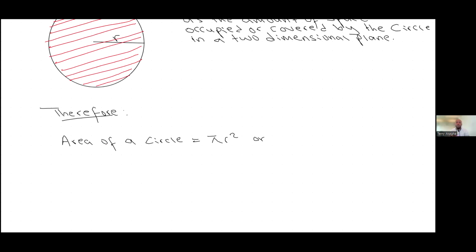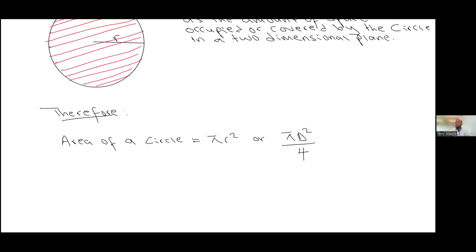So because the diameter is equal to 2 of the radii, we can now say the area of the circle is going to give us pi d squared divided by 4. Okay? So pi d squared divided by 4. So this is how you find the area of a circle.